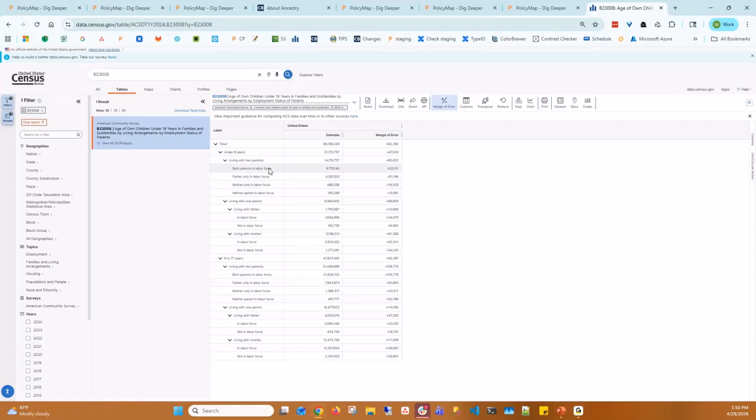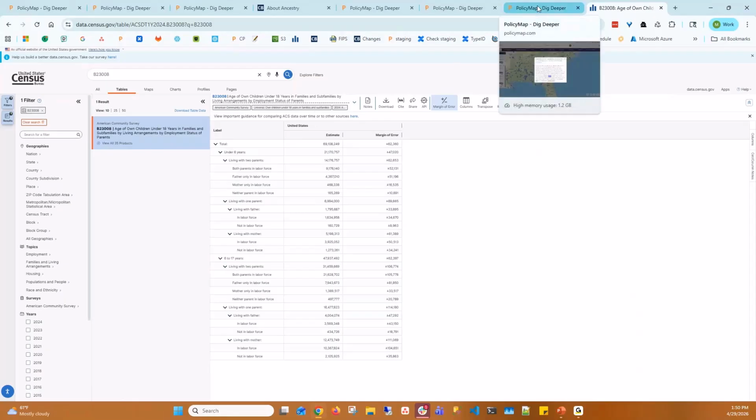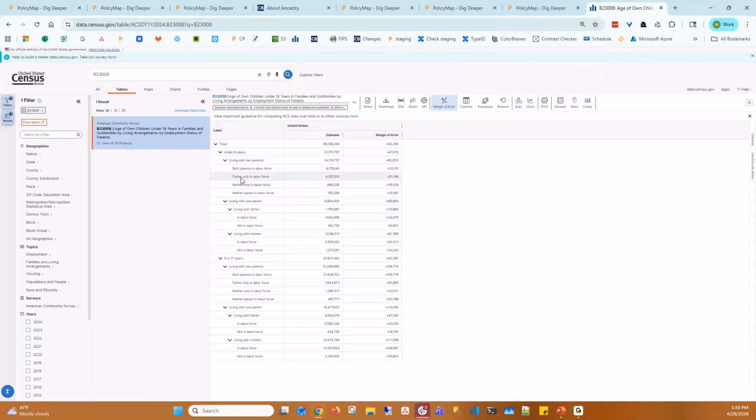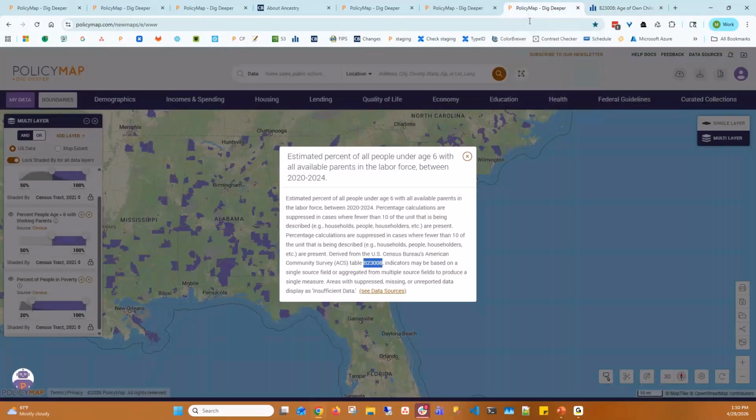And we have now aggregated all 3 of these, because the idea was, if this child is only living with one parent, all of their parents are in the workforce. So the way we wanted to make sure we included all types of households. So thus the all available parents. So any available parent to that child, even if it is just one, is all of that child's parents, and thus is included in this metric.